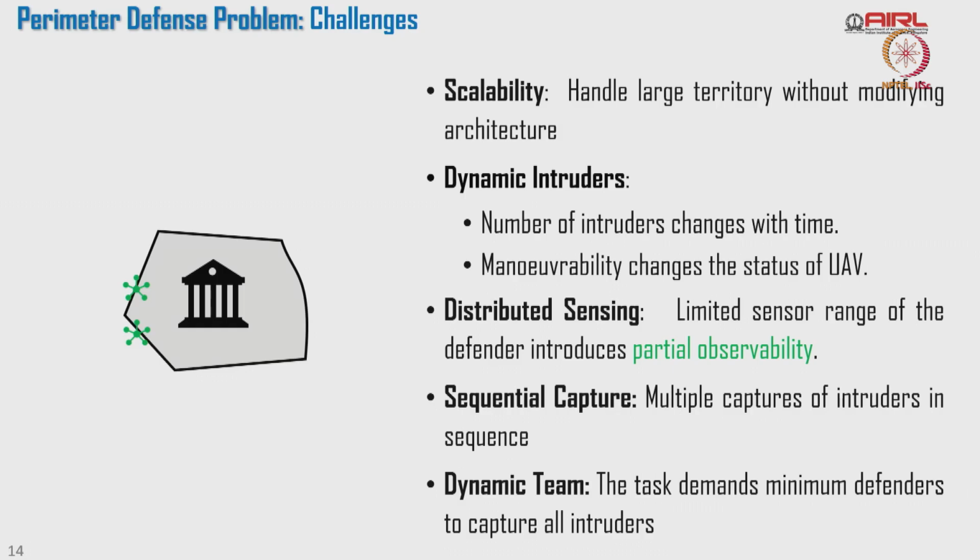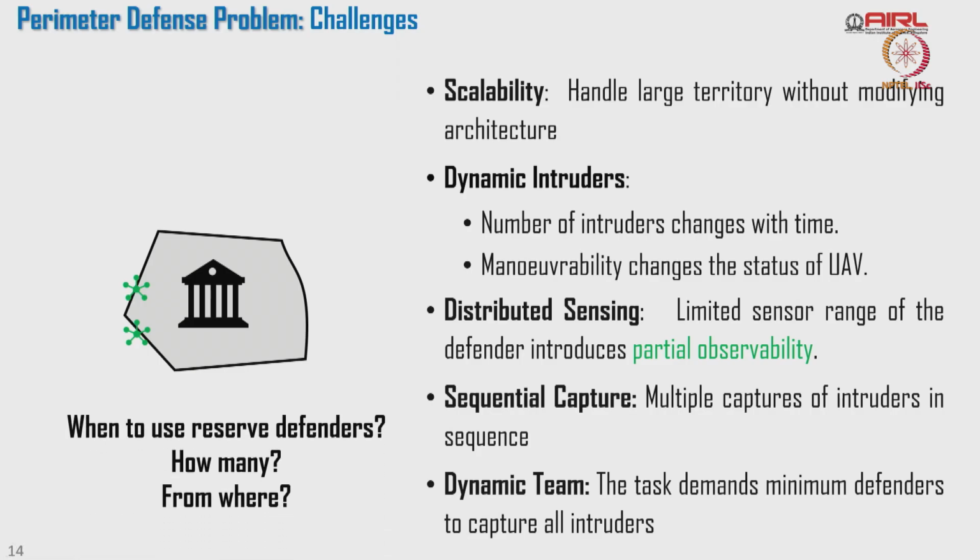I want a minimum number of defenders in my territory so that they can sense the entire environment and provide information to me. If I see two of them approaching simultaneously, I should be able to send a reserve defender to handle that kind of a coalition among the intruders to enter the territory, right.